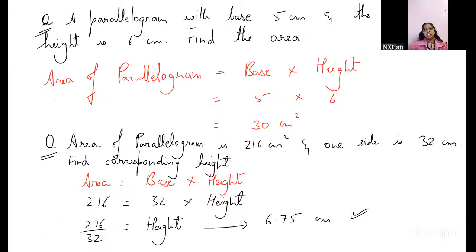The squares can be in centimeter or in meter. So area we write centimeter square or meter square, but the length, breadth, and everything else we only write centimeter or meter.